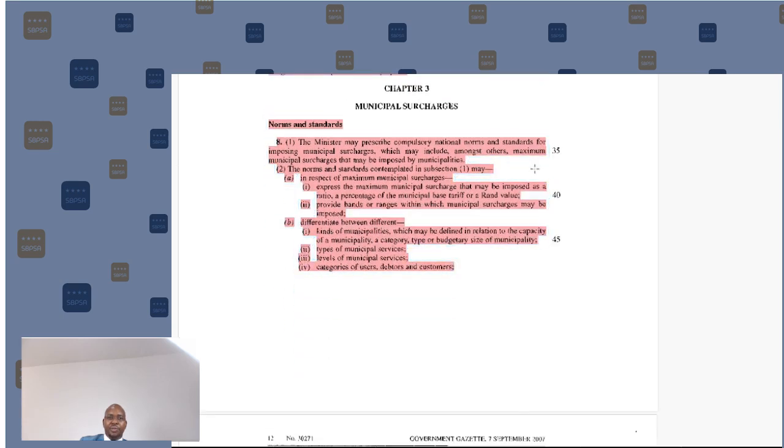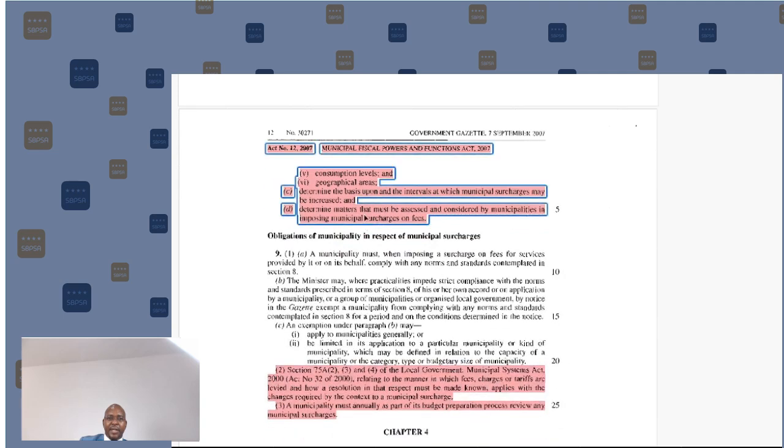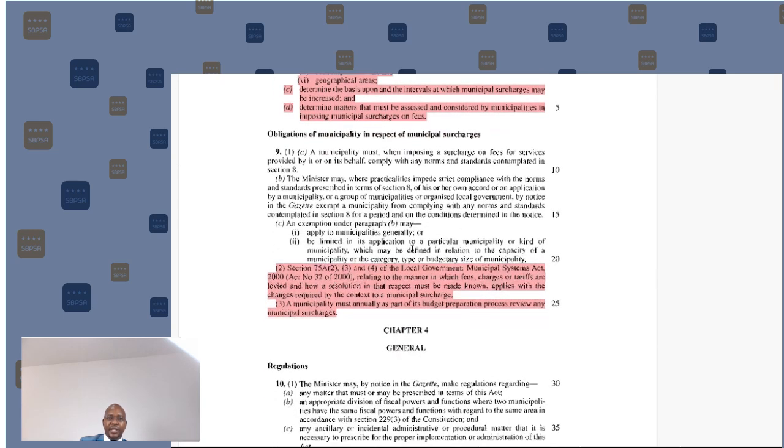Section 8 deals with norms and standards. Section 9 deals with the obligation of the municipality in respect of charges. Most importantly, Section 9.2 says Section 75A23 of the Municipal Systems Act, relating to the manner in which fees, charges, tariffs, levies, and the resolution in respect of those must be made known to the public, applies as required by the context in which the municipality's charges are applied.